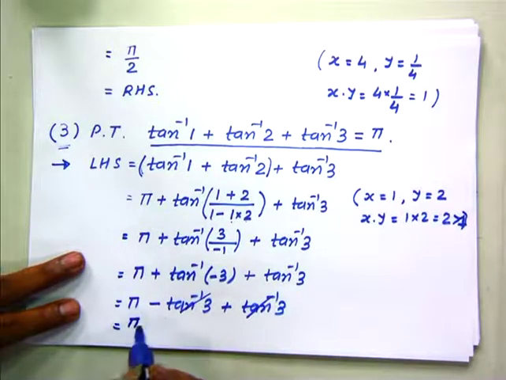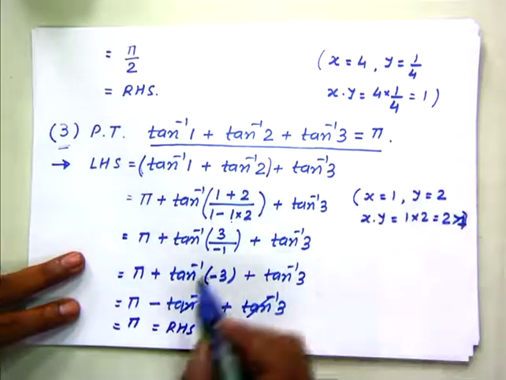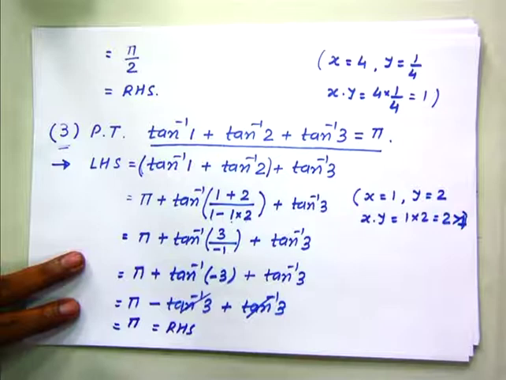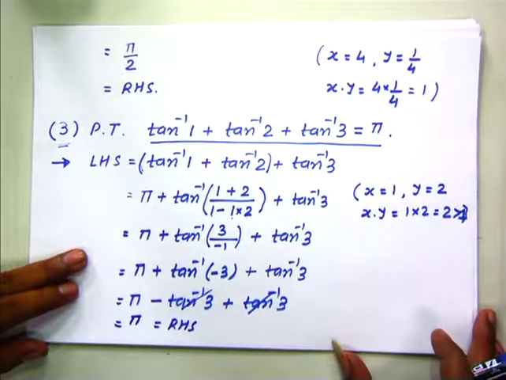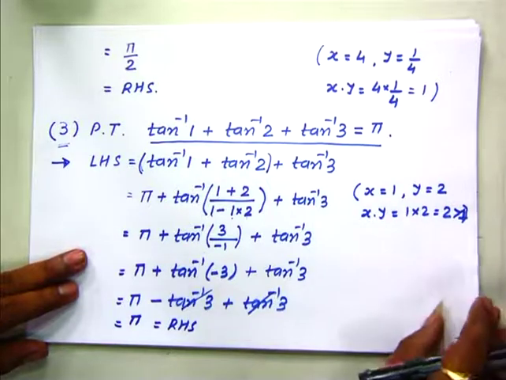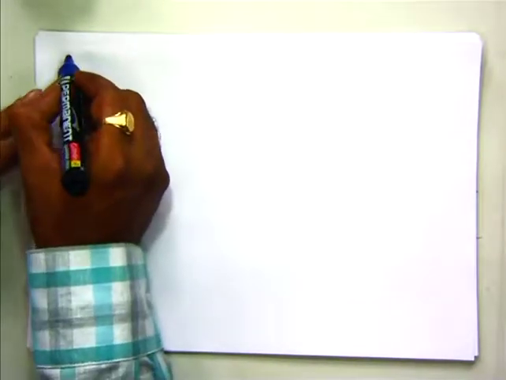So we have LHS equal to pi, which is RHS. This is our result. We required this pi and we have got this pi. So we have proved the third result. This is a very beautiful result. Now let's go to example number 4.